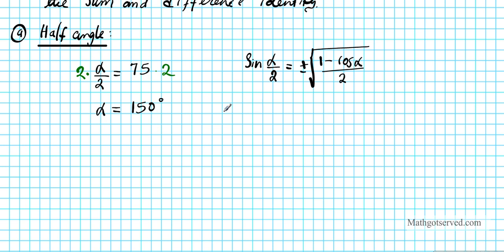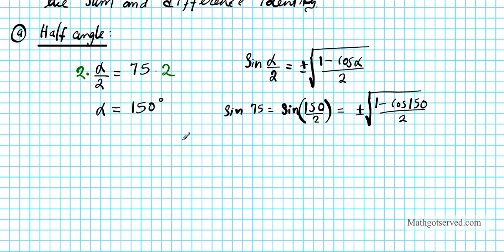So we're going to write this as sine 75 degrees equals sine 150 over 2, which equals plus or minus the square root of 1 minus cosine 150 over 2. Now, let's resolve what the sign is so we don't keep writing plus or minus a million times.